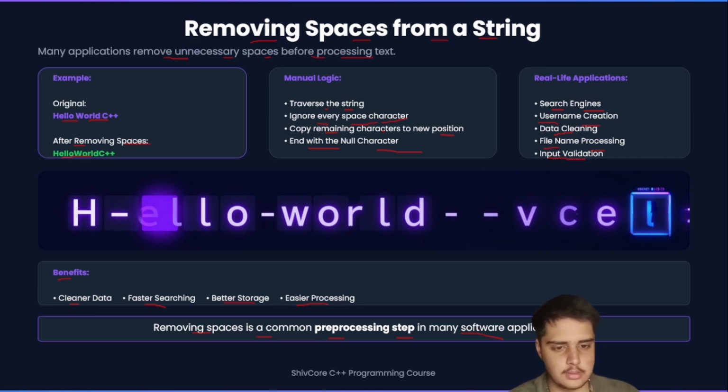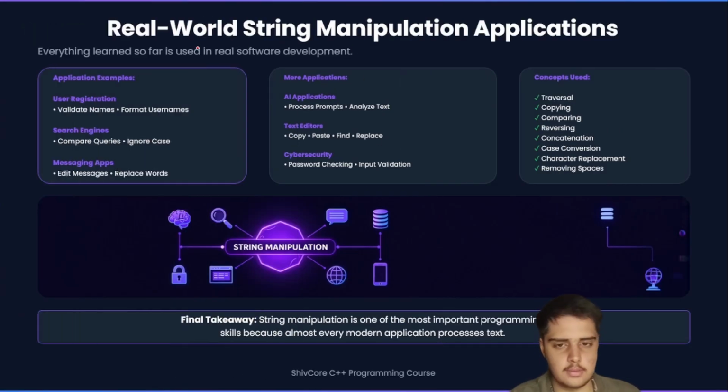Coming next, we have real-world string manipulation applications. Everything learned so far is used in real software development, like user registration that validates names, format usernames, search engines that compare queries and ignore case, and messaging apps that edit messages and replace words.